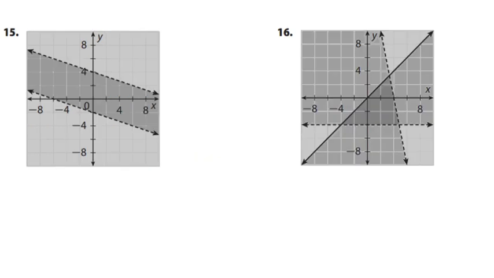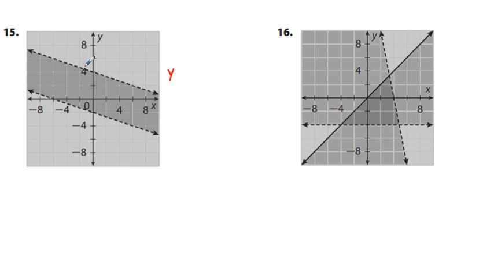Next, what I'm going to work here is problem 15, and we have, looks like, two parallel lines. So I'm going to take the top one first, and I'm going to put y.